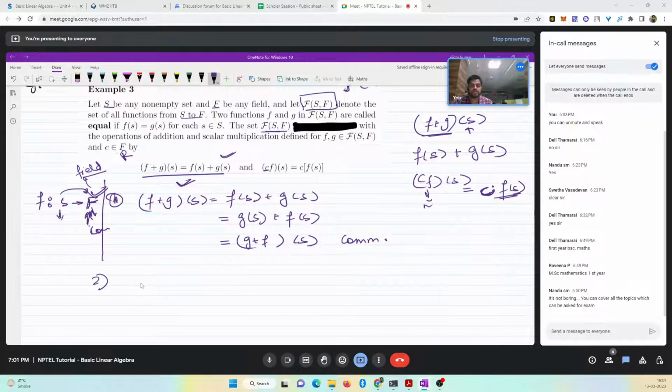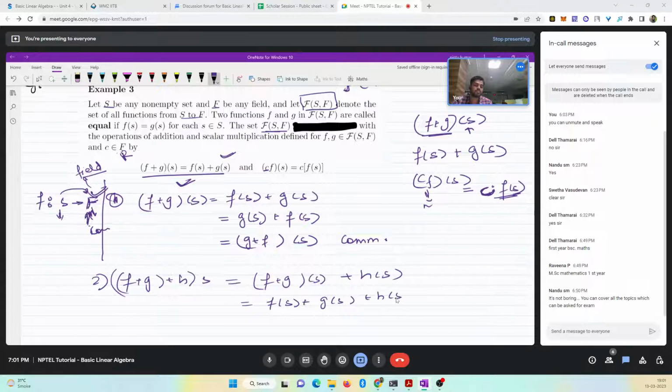Let's go to associative. This is f plus g plus h of s. So what does this mean? f plus g of s plus h of s, and this is f of s plus g of s plus h of s.